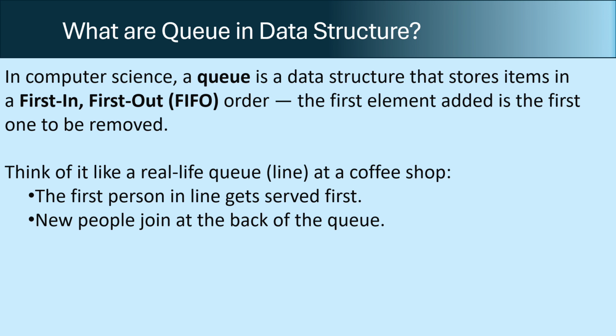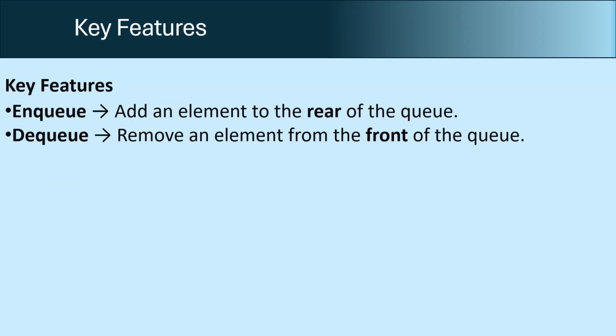And then anyone else joining the queue would need to go to the back of the queue. We call that enqueue. When we need to have people at the back of the queue, we call it enqueuing. It means the node goes at the back. Dequeue means we are removing the front node from our queue.